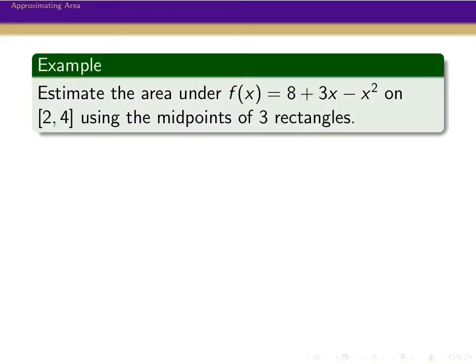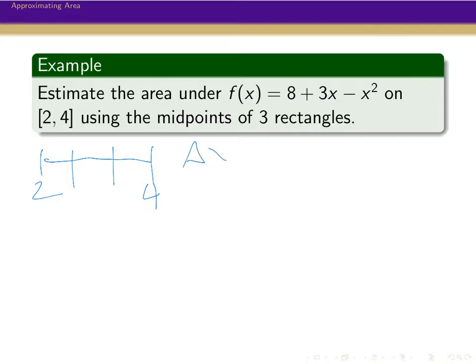Okay, so let's do this as an example. So here's our function, 8 plus 3x minus x squared. We're doing it between 2 and 4, and we're going to use the midpoints of 3 rectangles. So first thing we've got to do is take the interval from 2 to 4 and break this up into 3 even bits. Right?